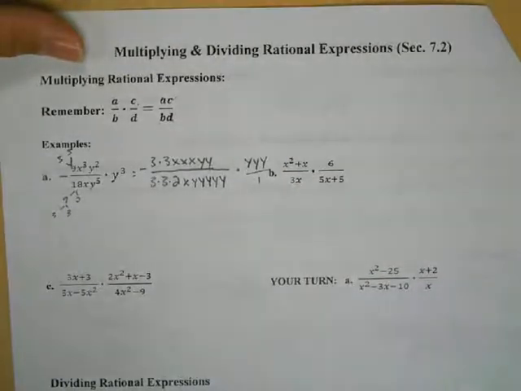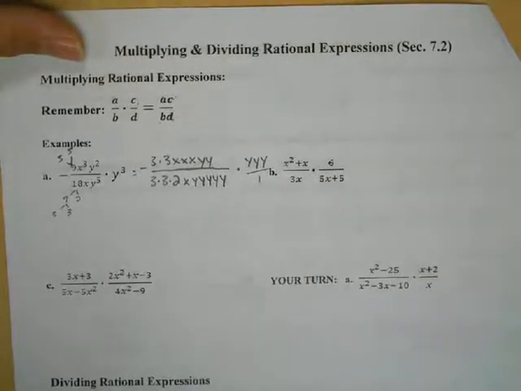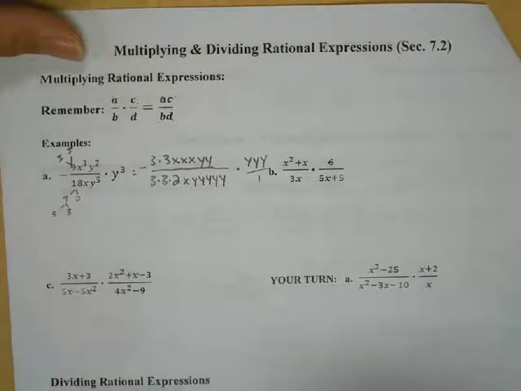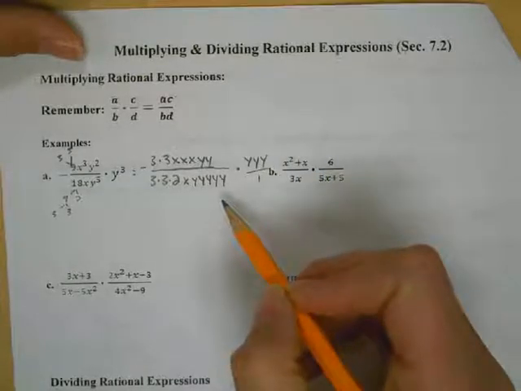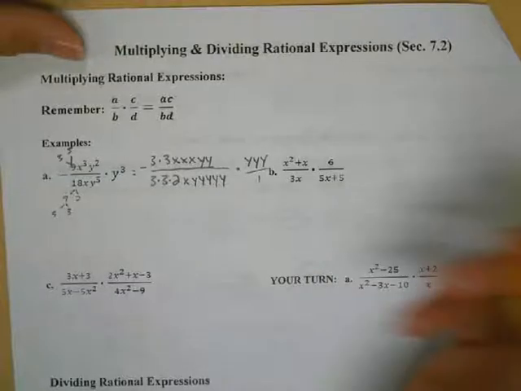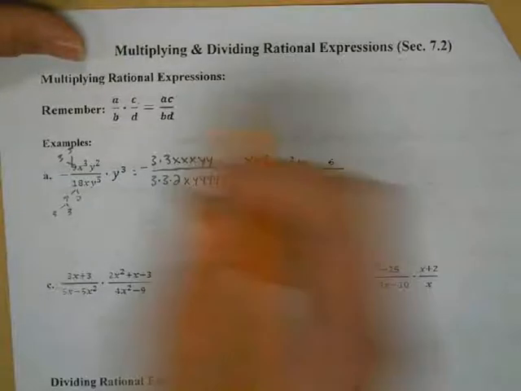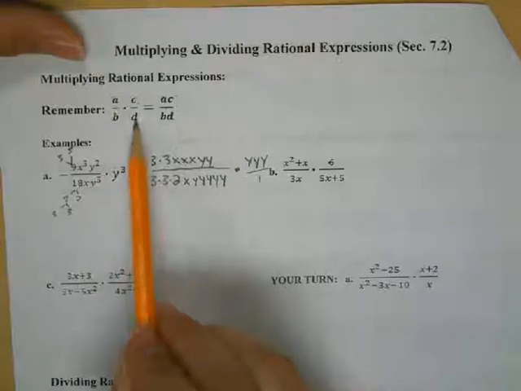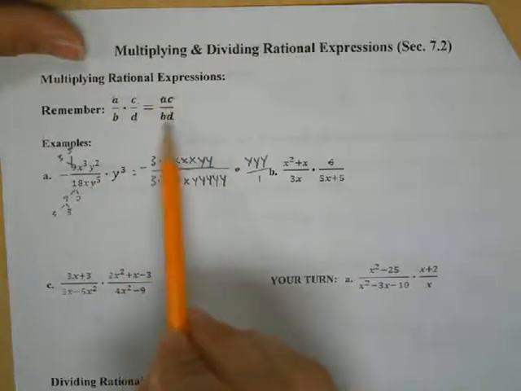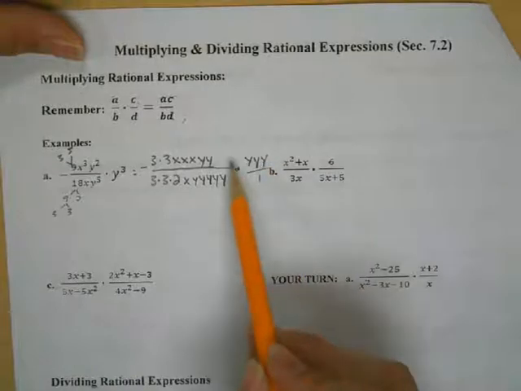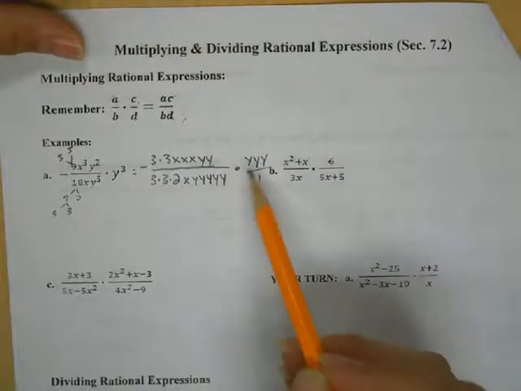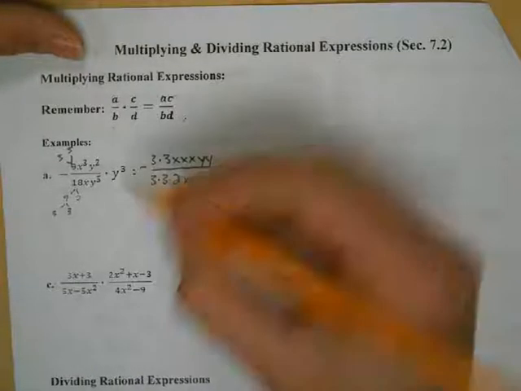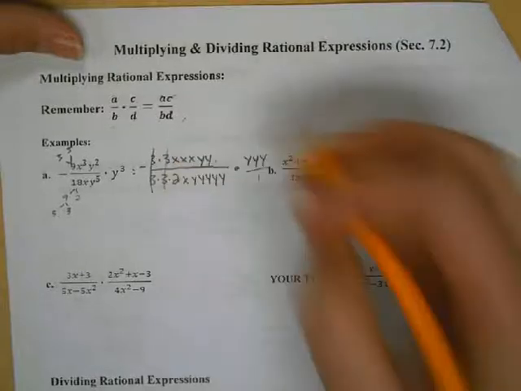So if I wanted to look at it that way, it's just a matter of going through and canceling out everything that matches, even across this little thing. Because if you think about the fact that a over b times c over d is a times c over b times d, these 3 little y's are just going to come and join these. And in the end, I'm going to end up canceling them anyway. So we're going to go through and cancel out all of our pairs. There's my 3's.